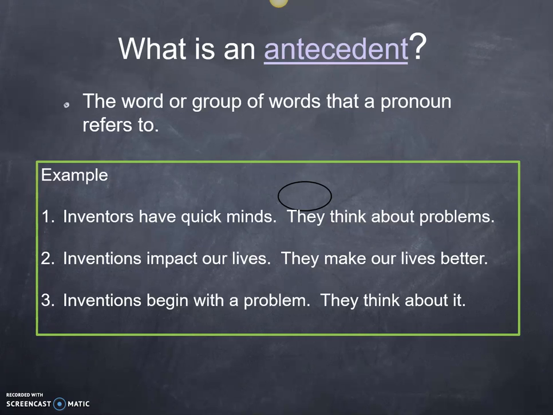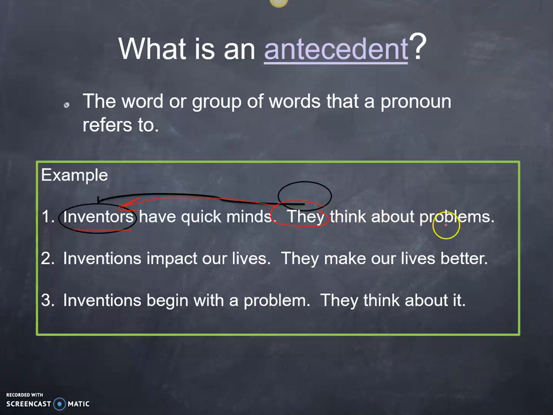Inventors have quick minds. They think about problems. Okay, so in this sentence, we have the inventors. This is a noun, this is a person. In the second sentence, sorry, my circle got a little messed up, they is referring to the antecedent inventors.